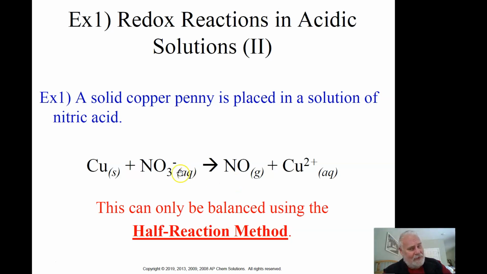If you look at this, this is impossible to balance using the technology that you have right now, which is just old trial and error, left to right, put in the coefficients. So therein lies the rub, and that is what we're going to learn today. How do you balance that which cannot be balanced? And the answer is actually quite intense, and involves several steps as to how we can do this.